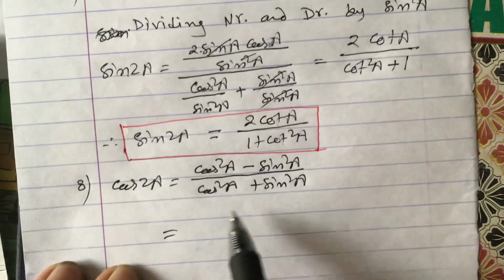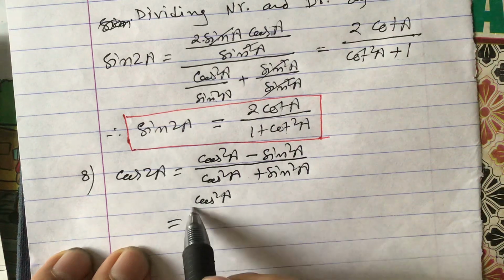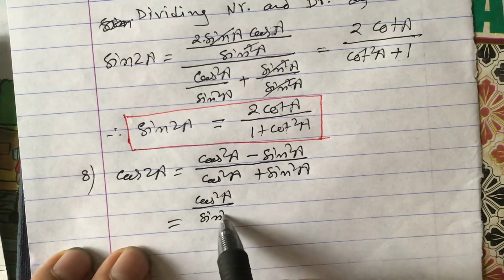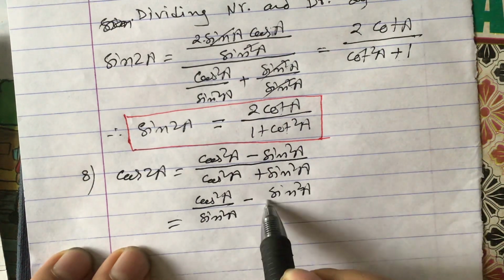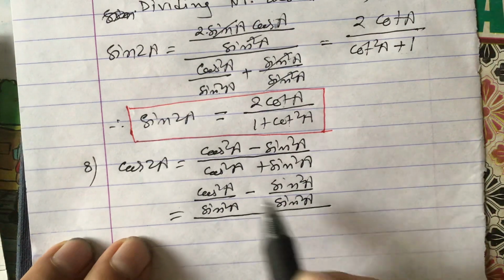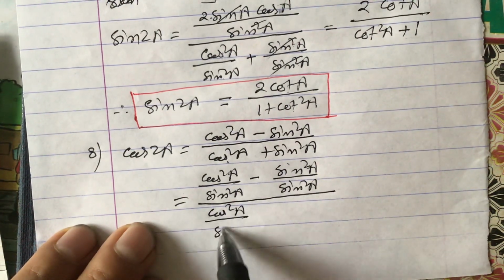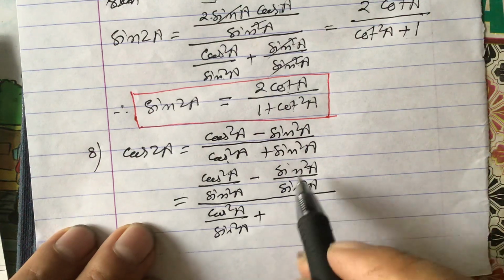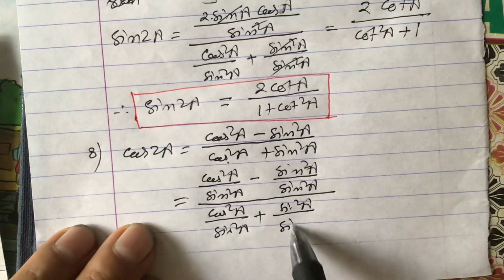So if you divide by sine square a, it will be cos square a by sine square a minus sine square a by sine square a, whole upon cos square a by sine square a plus sine square a by sine square a.